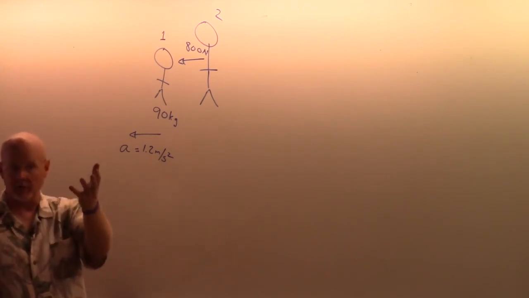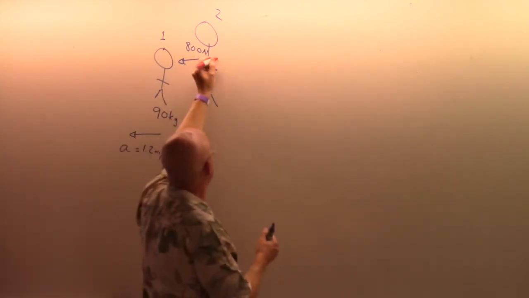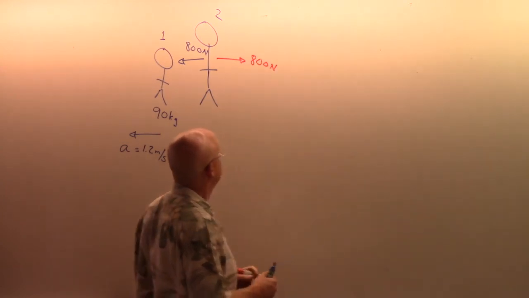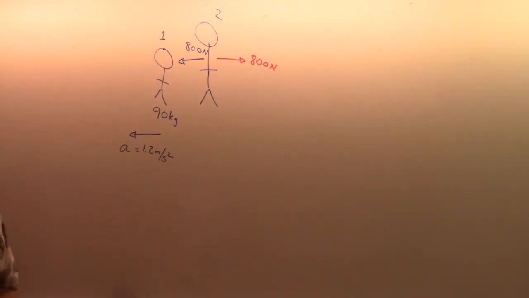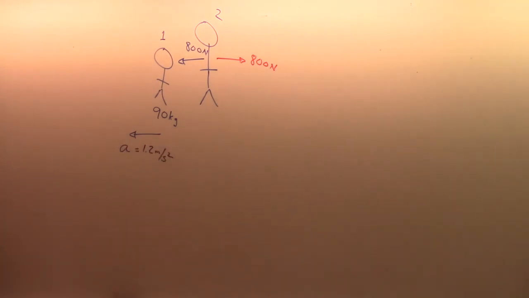Okay, good. I hear a bunch of them, and you're all right here. Hopefully the one that's obvious then is player 1 is pushing back with 800. Did you catch that? Player 1 is still pushing back with 800, but player 1 is losing ground.